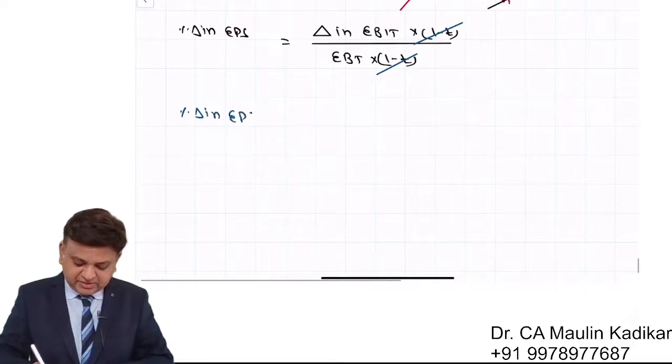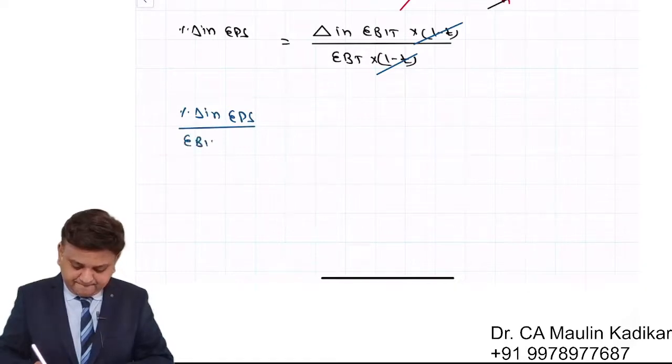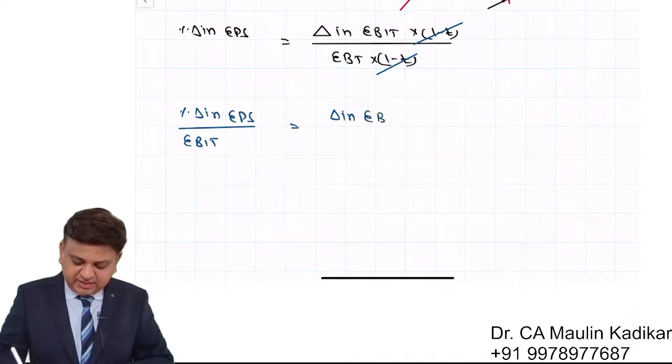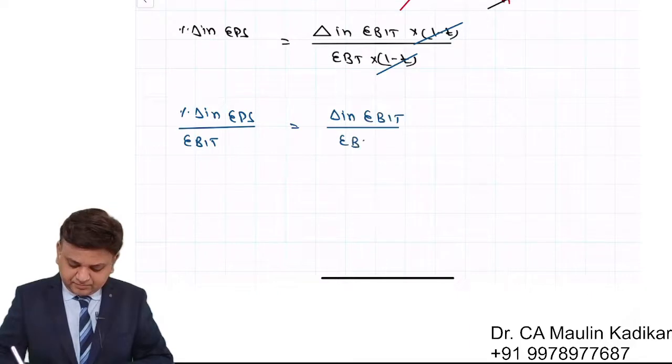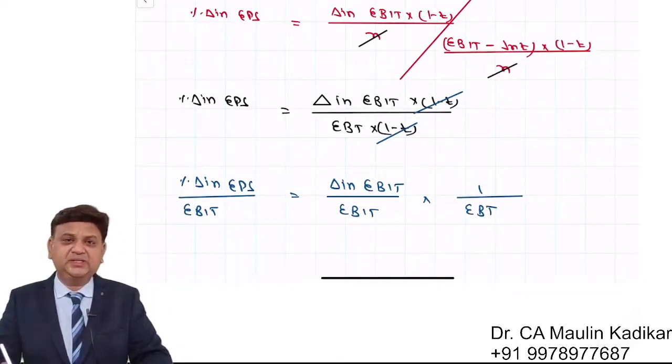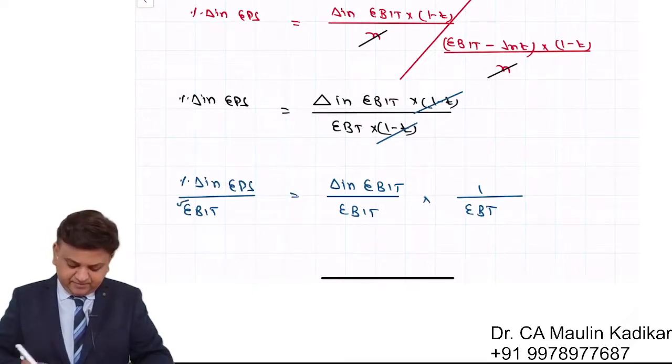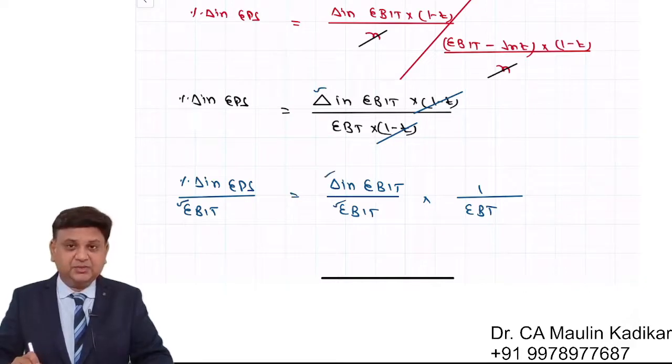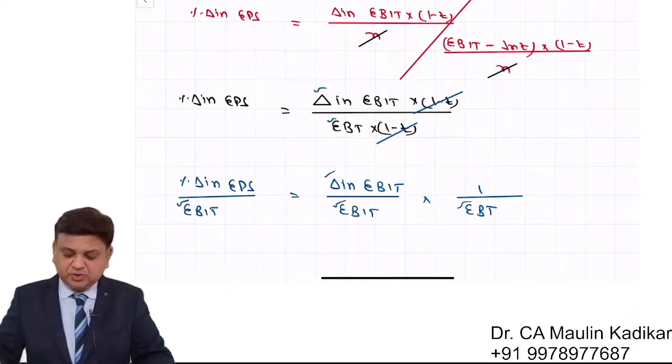Percentage change in EPS divided by EBIT, change in EBIT again upon EBIT into 1 upon EBT. Dear students, what I am doing on both the sides, I divide with the EBIT. This change in EBIT is kept as it is, and this EBT is also kept as it is.